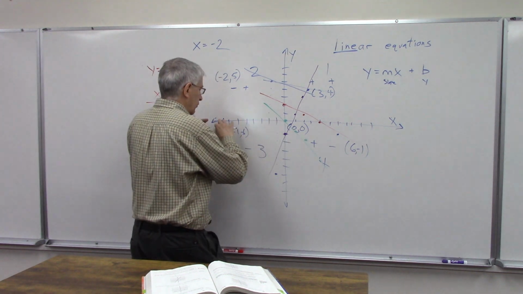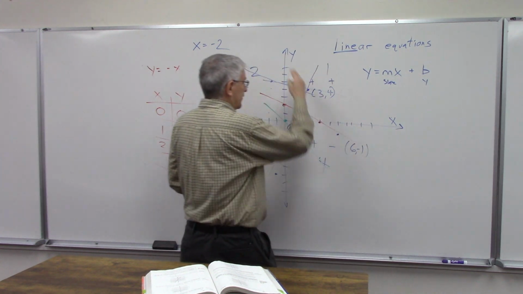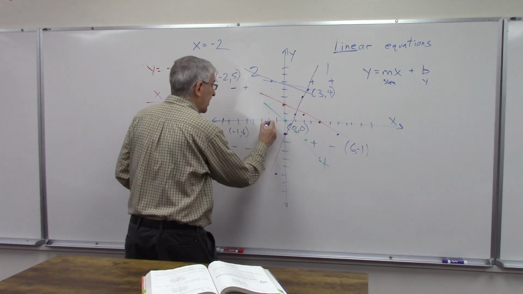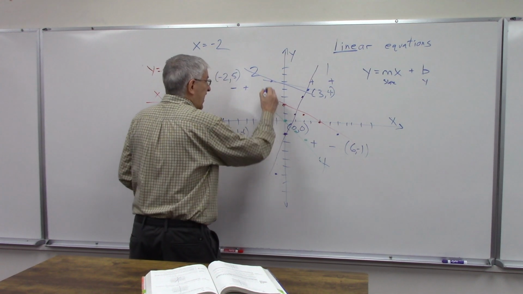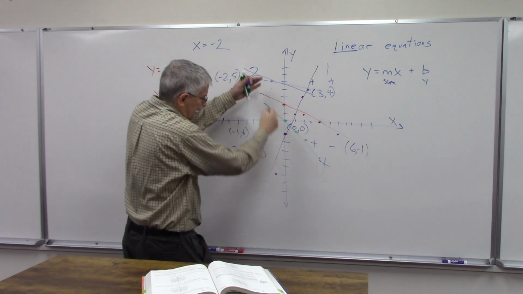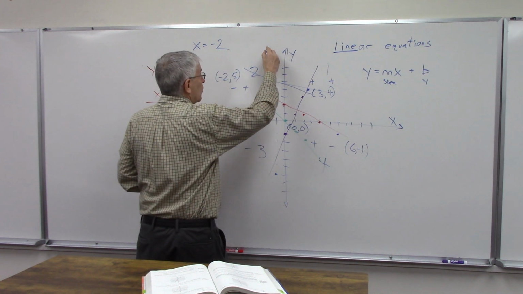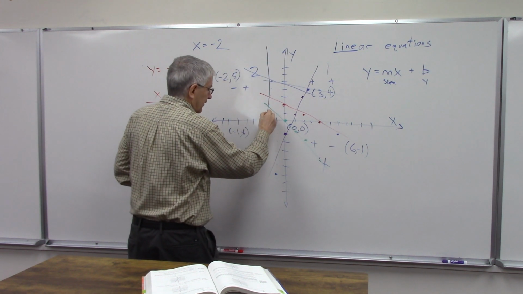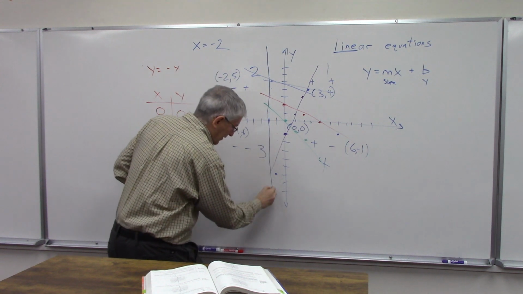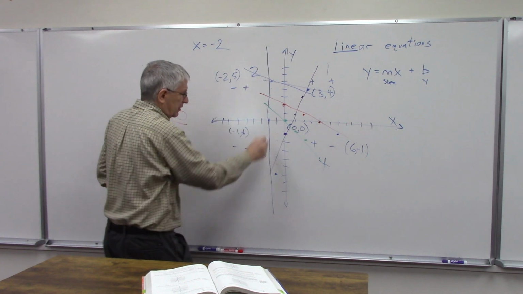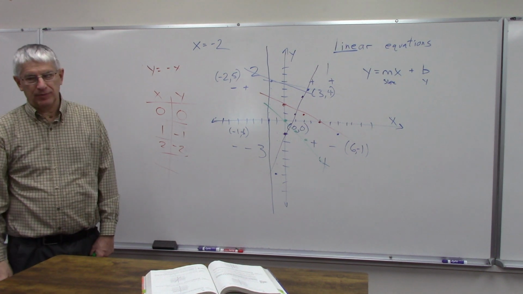X equals -2. Remember, this is our x, this is our y. So where does x equal -2? Right here. And y is any values. So what you want to do is make a straight line at x equals -2.